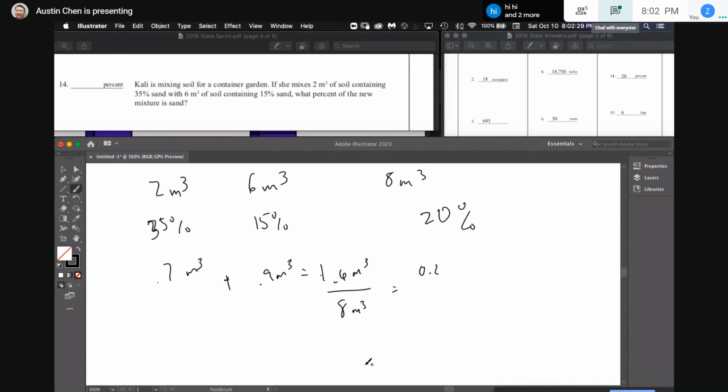Hi is asking, wait, how did you do it that way? So we just found how much sand there is, and then we put it over the total amount of mixture there is, and that's basically how we find it.